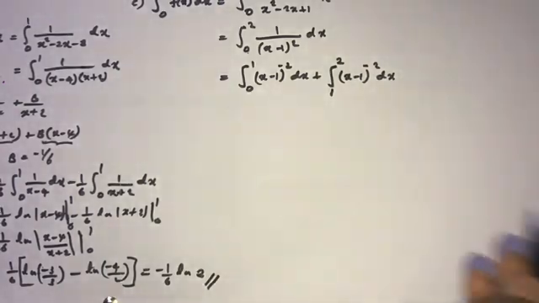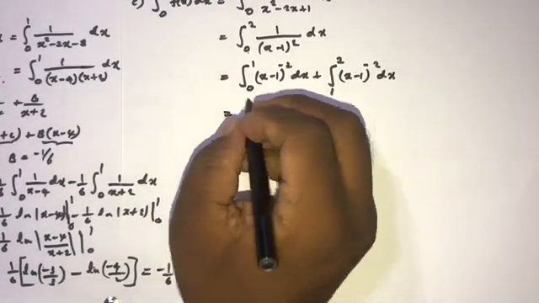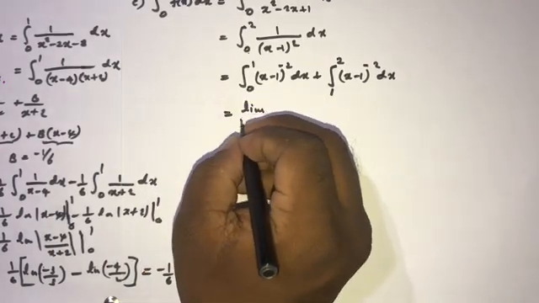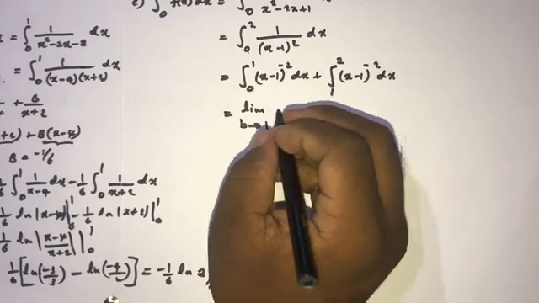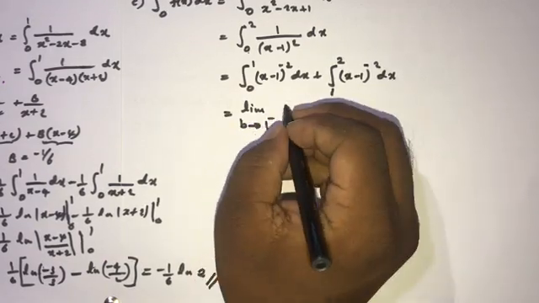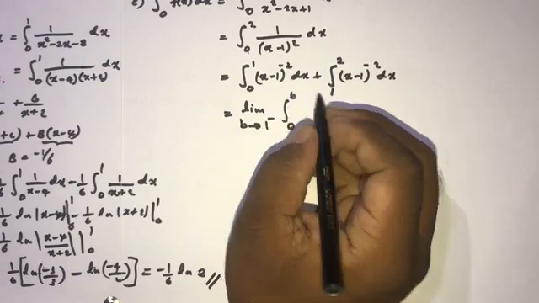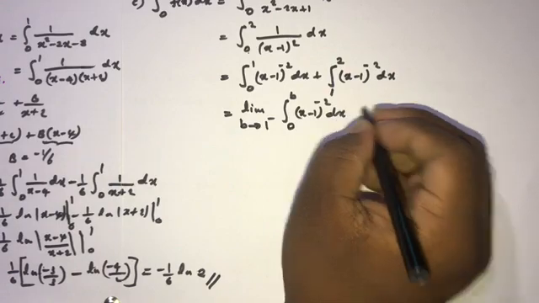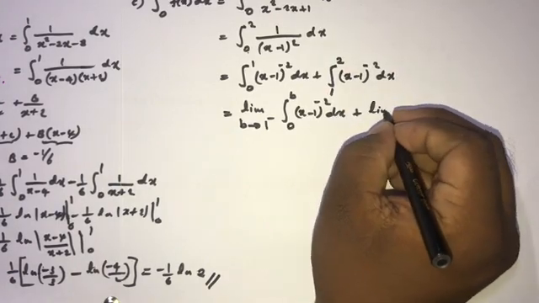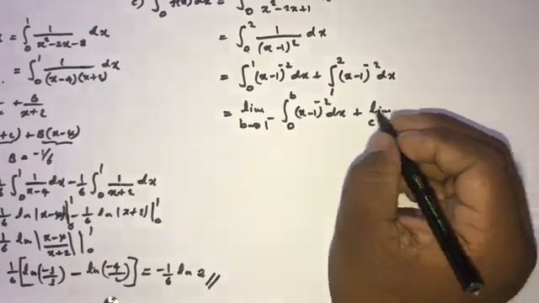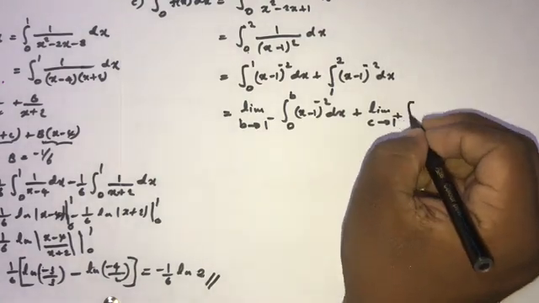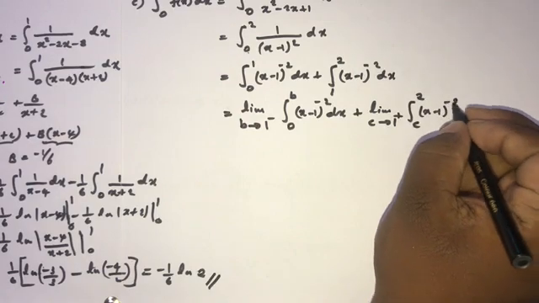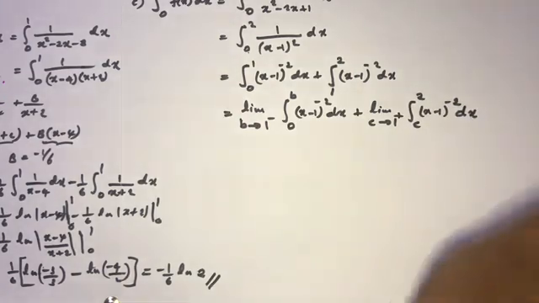Now the proper way is to take the limit, so we can write limit b approaches 1 from the left side, so minus sign here, integral from 0 to b of (x-1)^(-2) dx plus limit c approaches 1 from the right-hand side, so plus sign here, integral from c to 2 of (x-1)^(-2) dx.